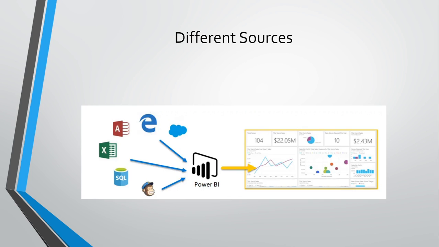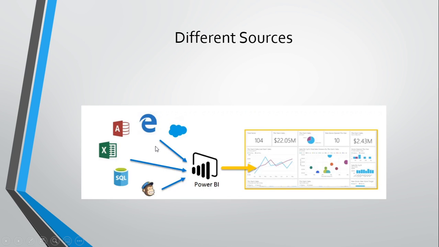Okay, so if you see here, I have shown a picture of the different sources from where Power BI is extracting the data. Like you can see here this Excel symbol, then MS Access, SQL, Internet Explorer, and even the cloud. So this is something that Power BI is able to extract the data from.